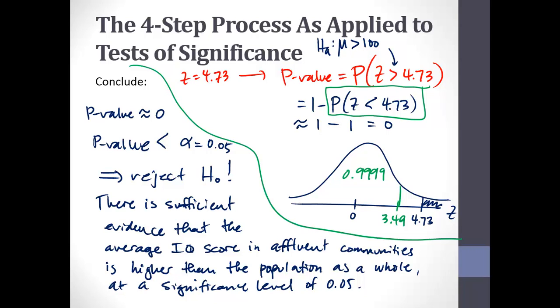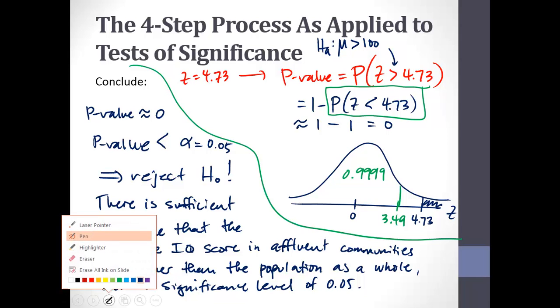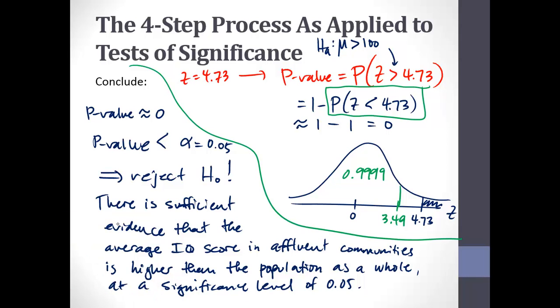So we've rejected the null hypothesis, kind of think about we're going with the alternative, and then we just want to say what that means. So there is sufficient evidence that the average IQ score in affluent communities is higher than the population as a whole at a significance level of 0.05. And this will be a good template for you of how to interpret these things in general.